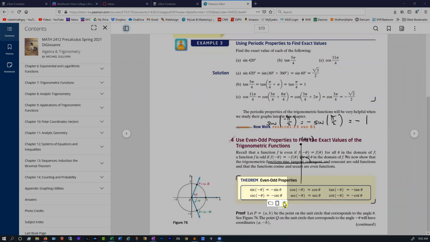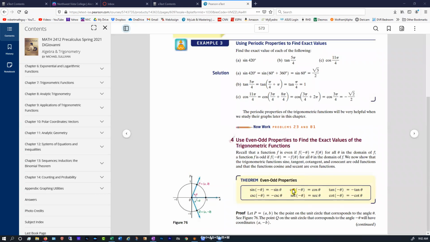And so you can see it here that if you look at these, the only even ones are these two. Okay, those are even. The rest are odd. So you can see if you plug in a negative to cosine, you get the same thing as cosine with a positive in it. If you plug in a negative to secant, you get the same thing you get if you plug in a positive.